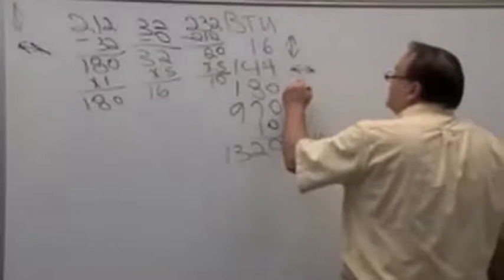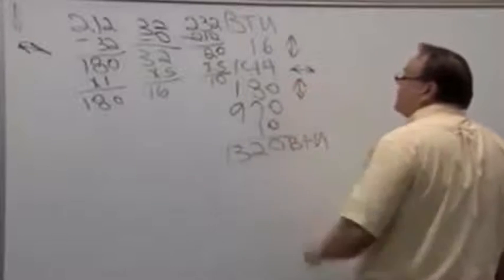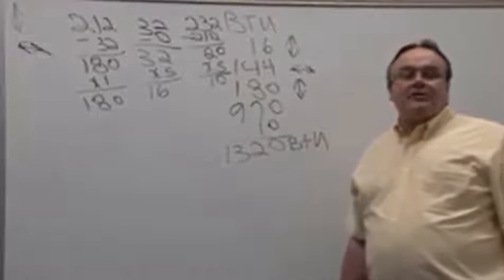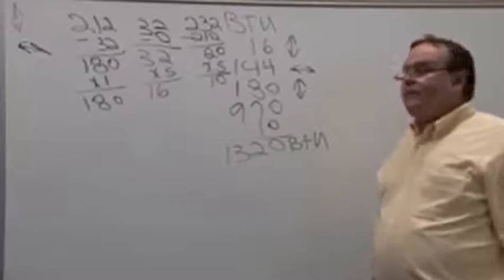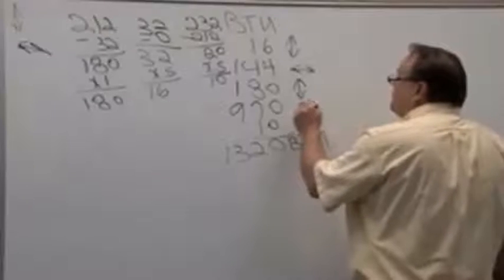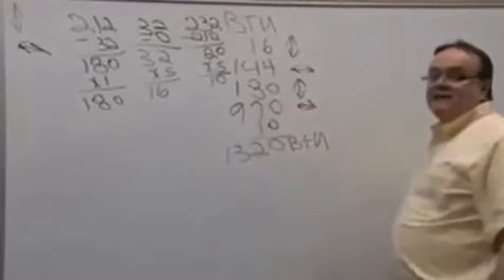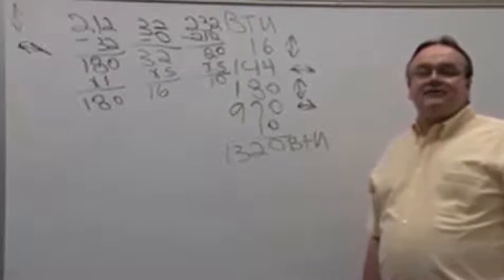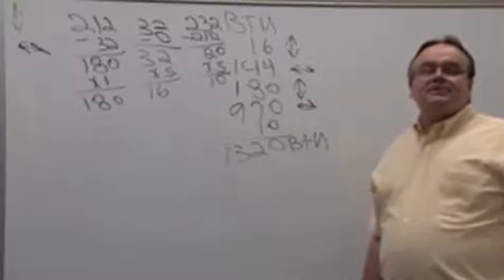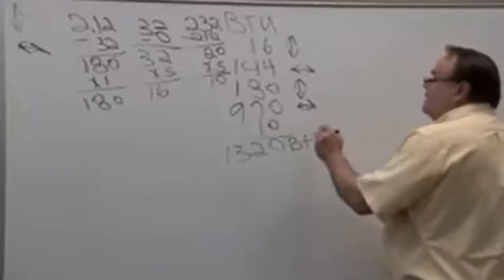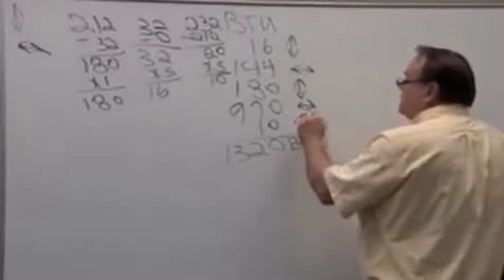That was again a sensible change. The next step was to take that boiling water and turn it into a pound of steam, and that took 970 BTUs, which again was a latent change. And then we took that 212 degree steam, brought it up to 232 degree steam, and again, that was a sensible change.